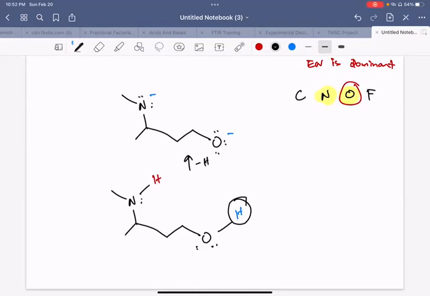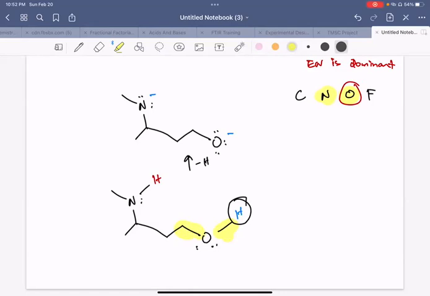Why? Simply because oxygen is more electronegative, meaning the electrons along this bond and along this bond are being attracted to oxygen. And it is easy for this proton to be released. The more easily a proton can be released, the more acidic that proton would be.